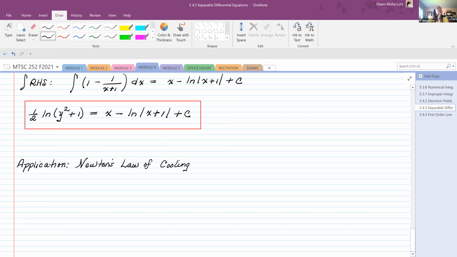I actually like Newton's law of cooling because it describes so many things for me.